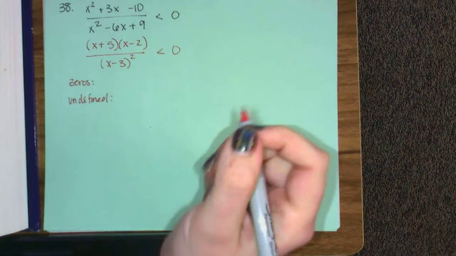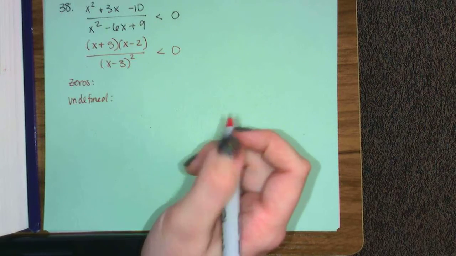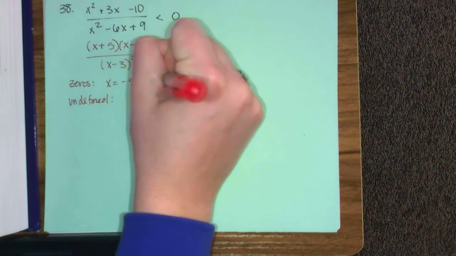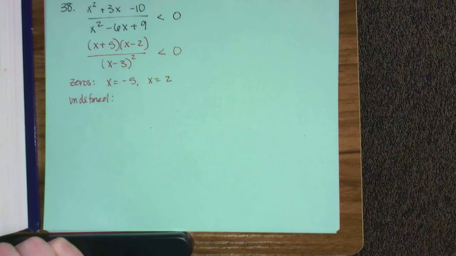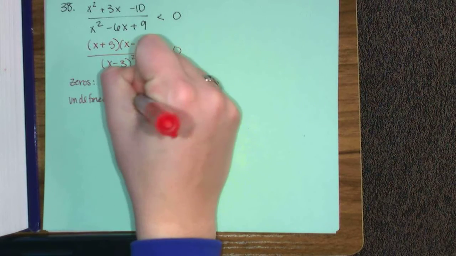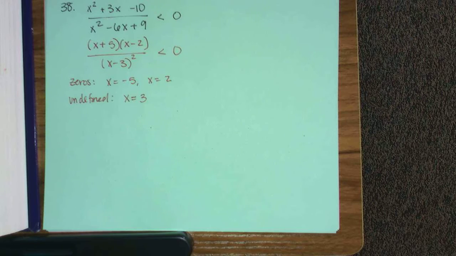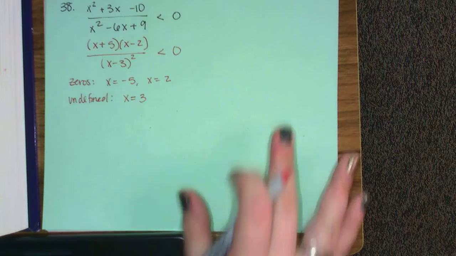So where do I have zeros? -5 and 2. And where is it undefined? x equals 3. Alright, so I don't know why this is so blurry.